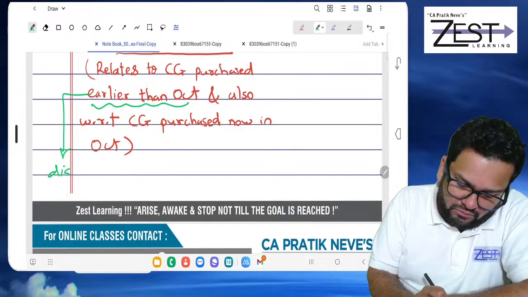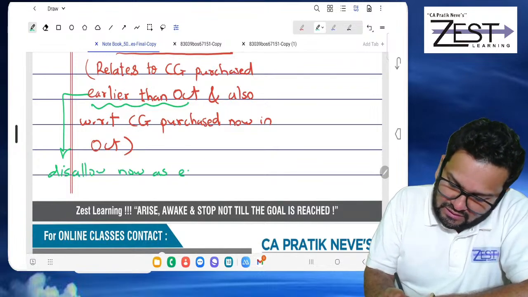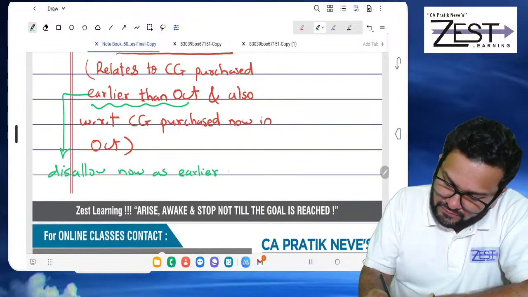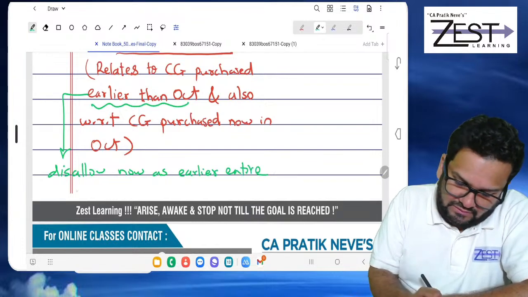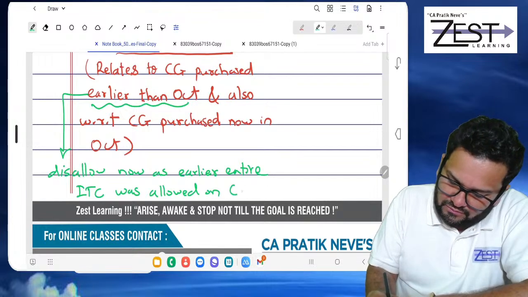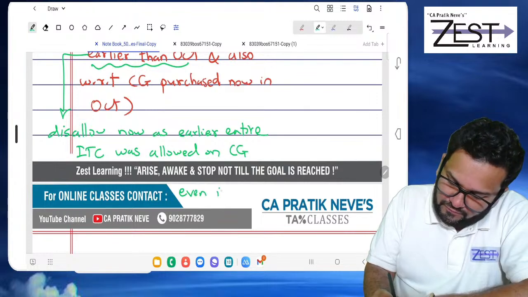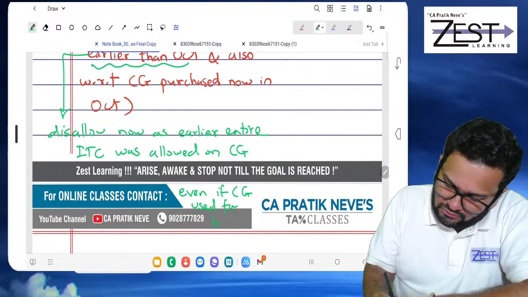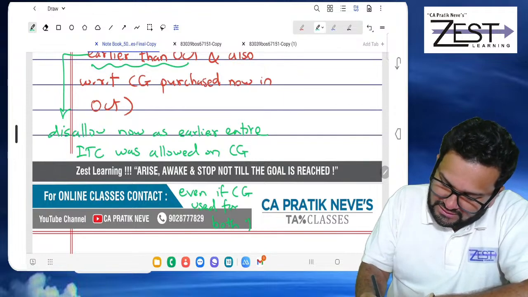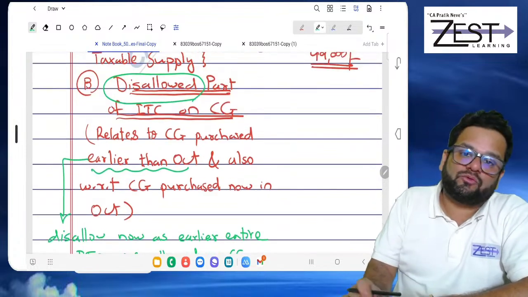Disallow now as earlier entire ITC was allowed on CG, even if CG used for both. What both? Taxable and exempt. Did you understand logic behind why you have to disallow?